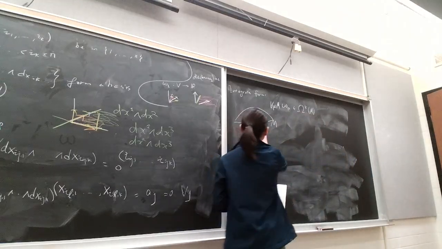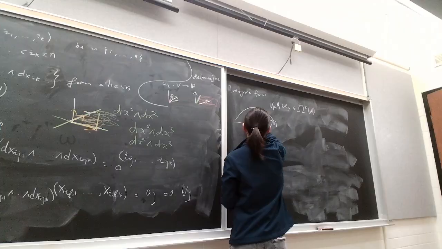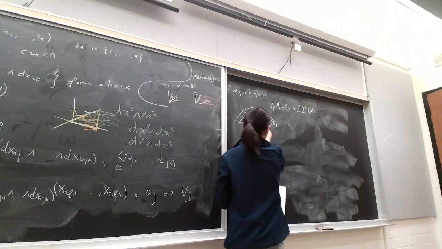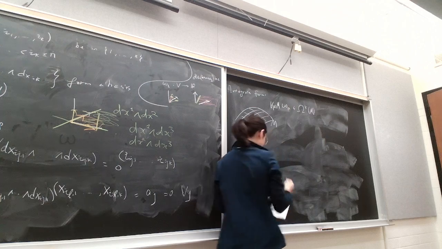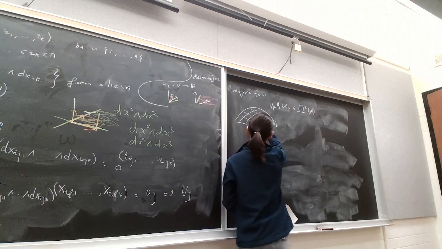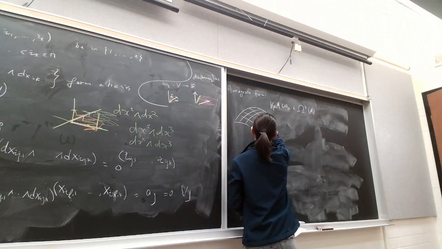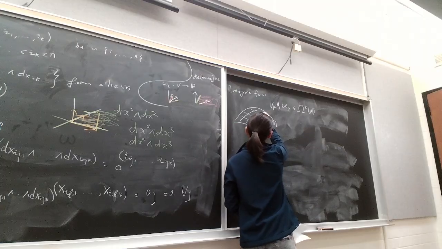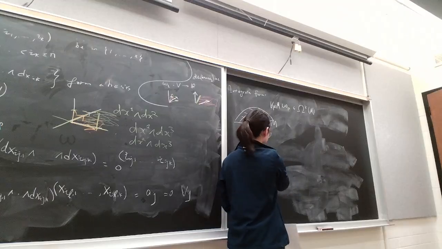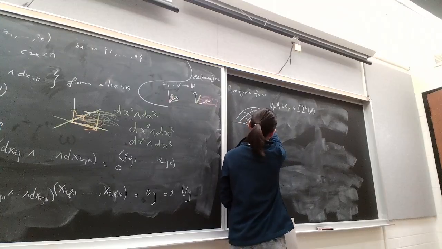And so to find the area, the intuition is just we subdivide it into very small pieces. Let's say this is a point. Let's say we look at this square.